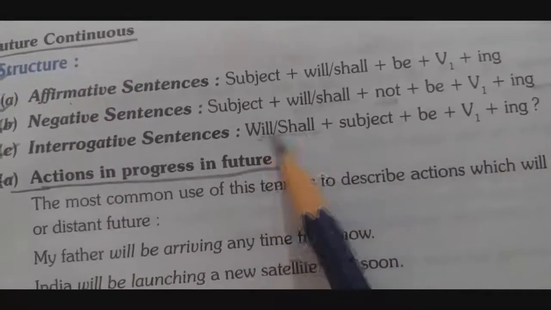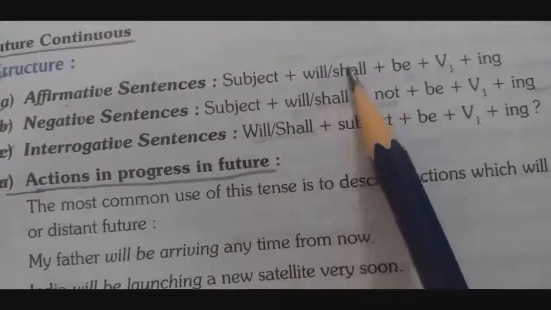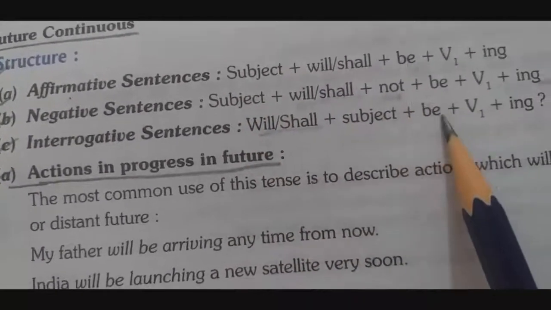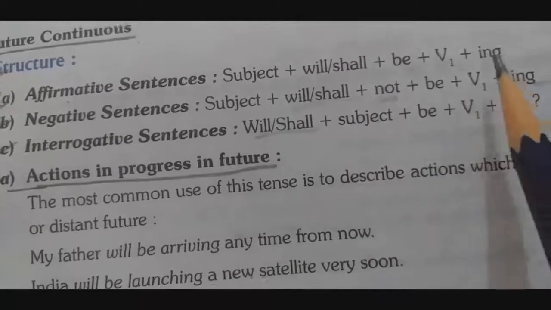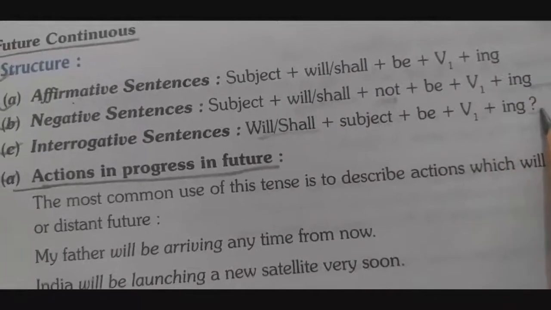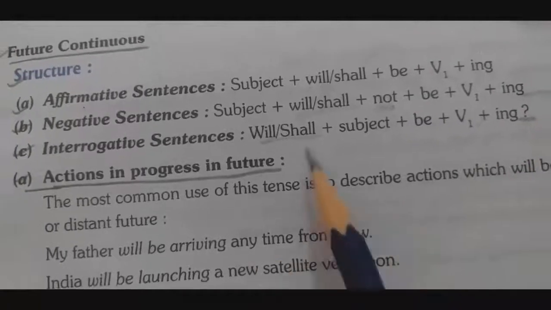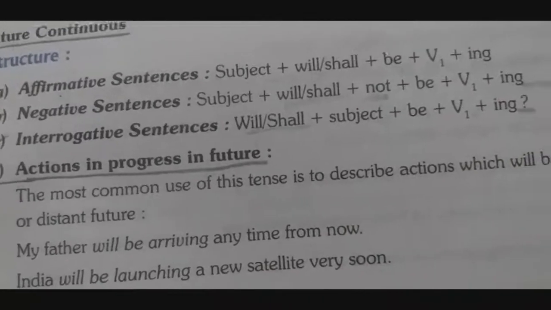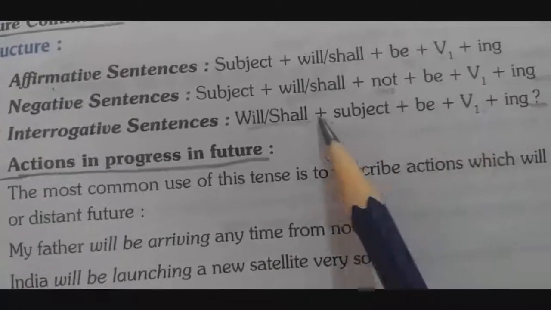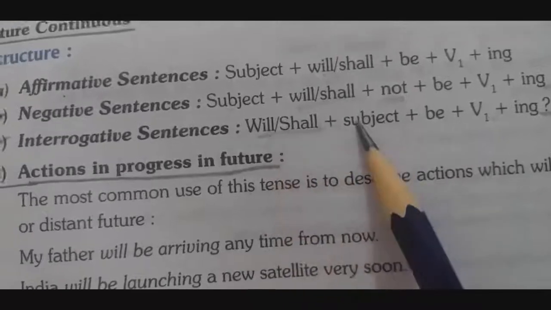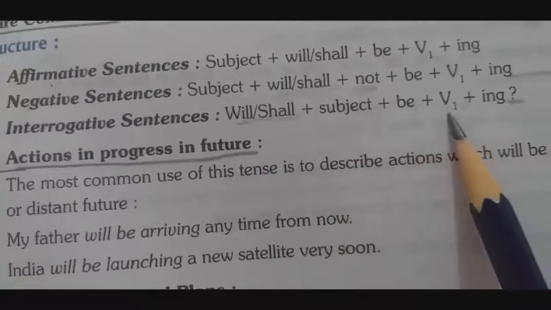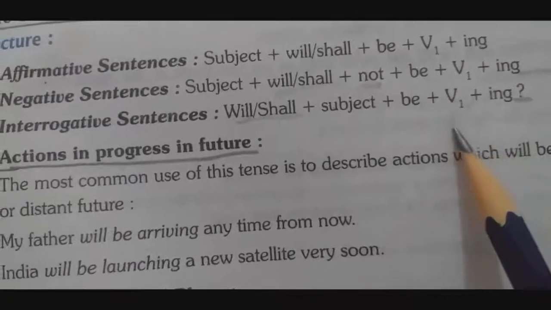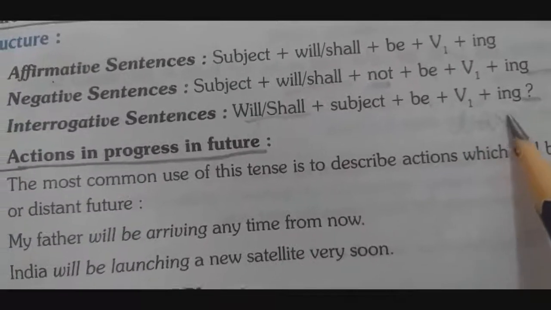So it will be will or shall, then the subject, then be, then first form of verb plus ing, and at last a question mark, because it is an interrogative sentence. Clear? Example: will you be driving a car? Here it will be D-R-I-V-E, drive.